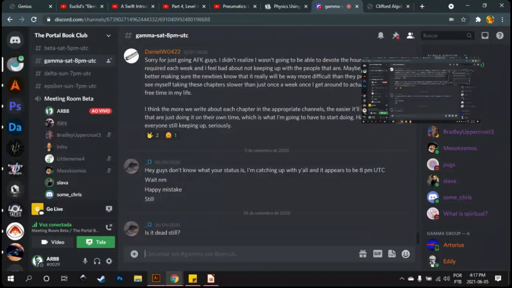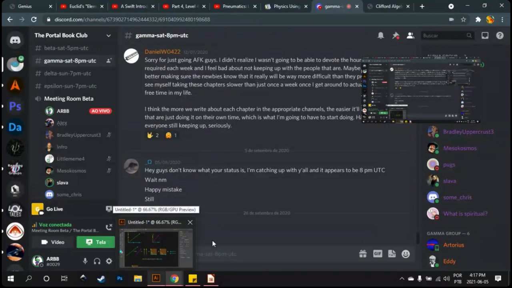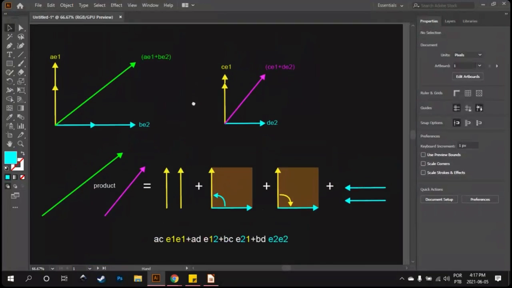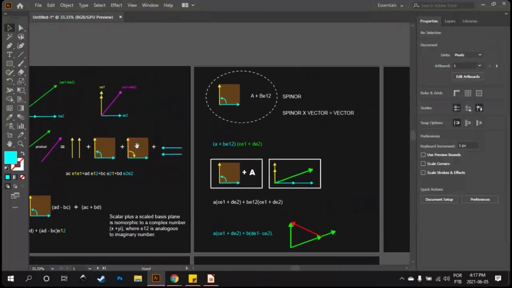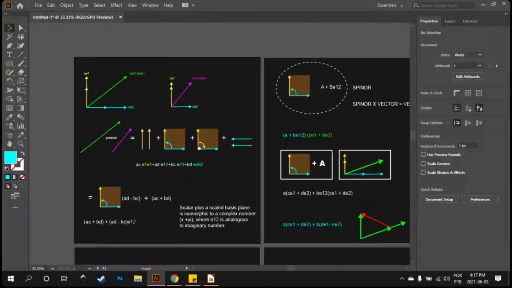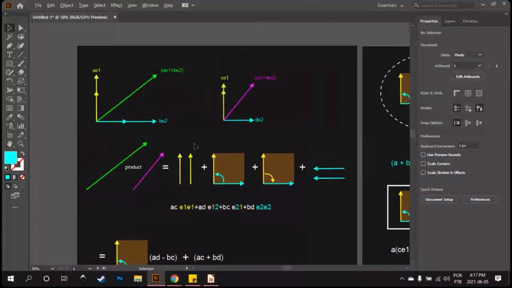Yeah, here it is. Okay, I quickly made this. It's very rough and not at all professional, but it is still the explanation of what I meant by the product of two vectors being a spinor.